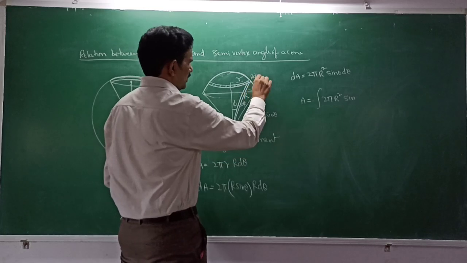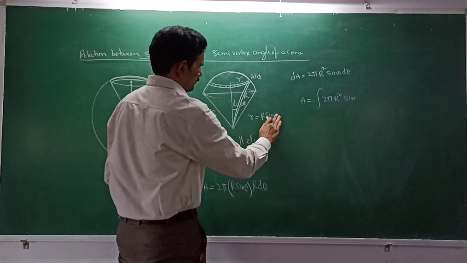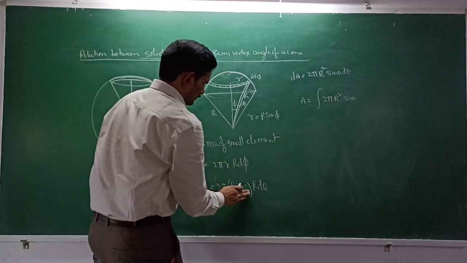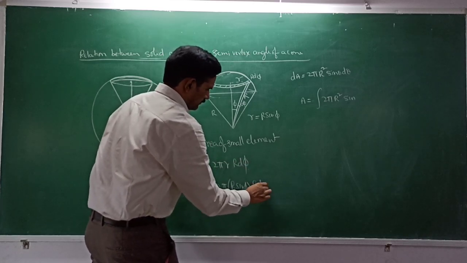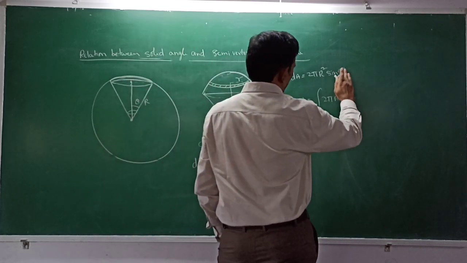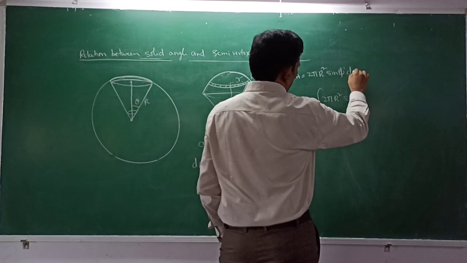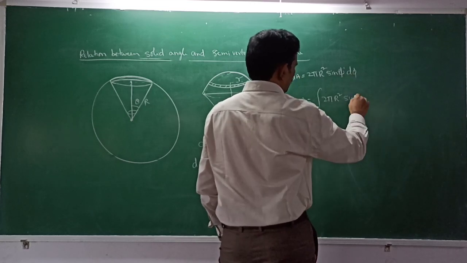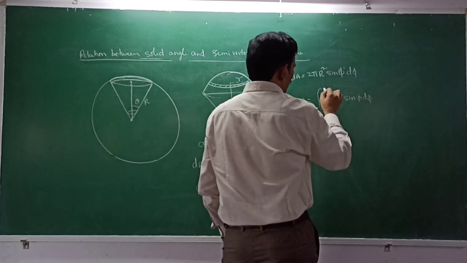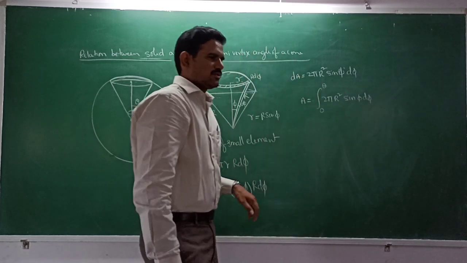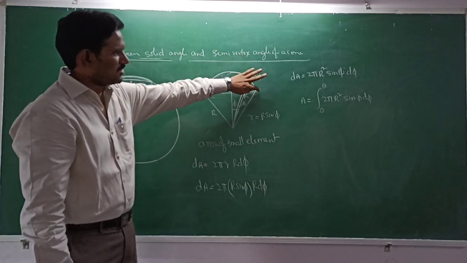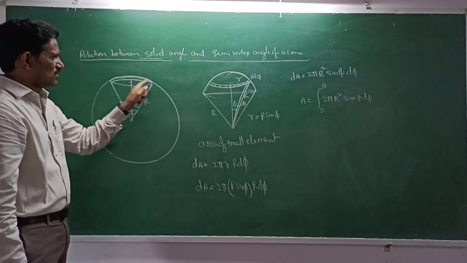So this angle I am taking as phi and d phi. So that finally the limits you can take from 0 to theta there. This is from phi to d phi. And limits are now from 0 to theta we can consider. That means 0 means you will be here, and that theta means you will be here. That means from here to here in the reality.